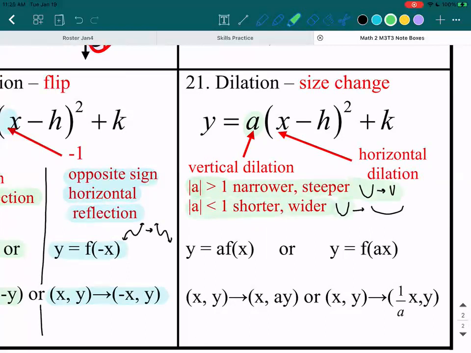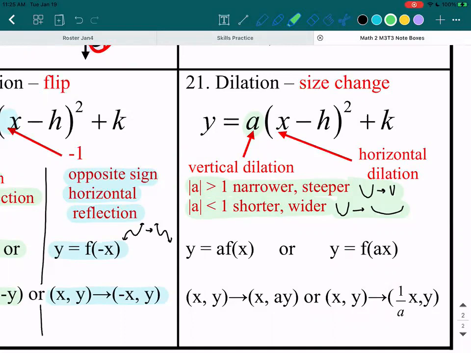And that means if it looked like that, then it ends up being wider, like that. Okay, so you can draw pictures here if that helps you. Okay, so that's that part. And then we have notations on the bottom, but we'll get into that later on.